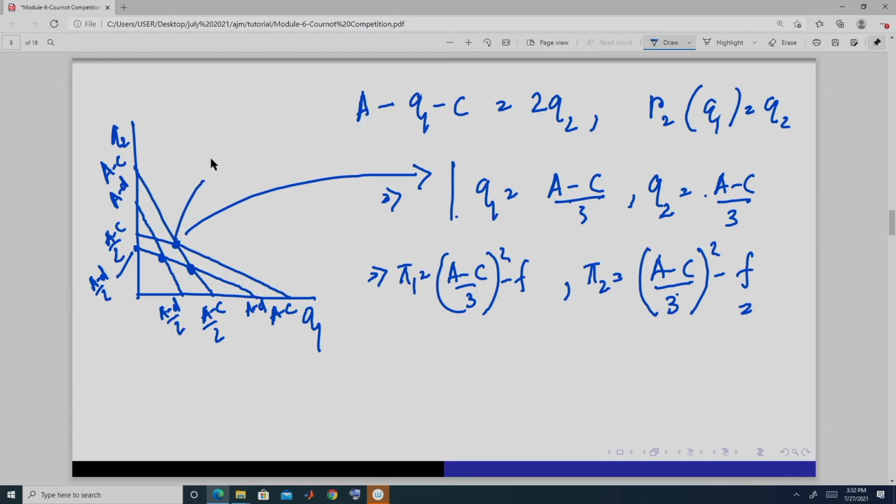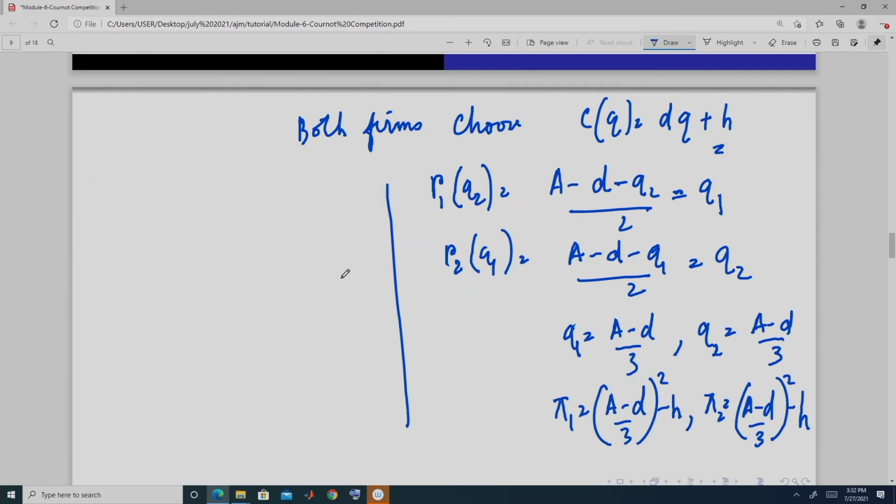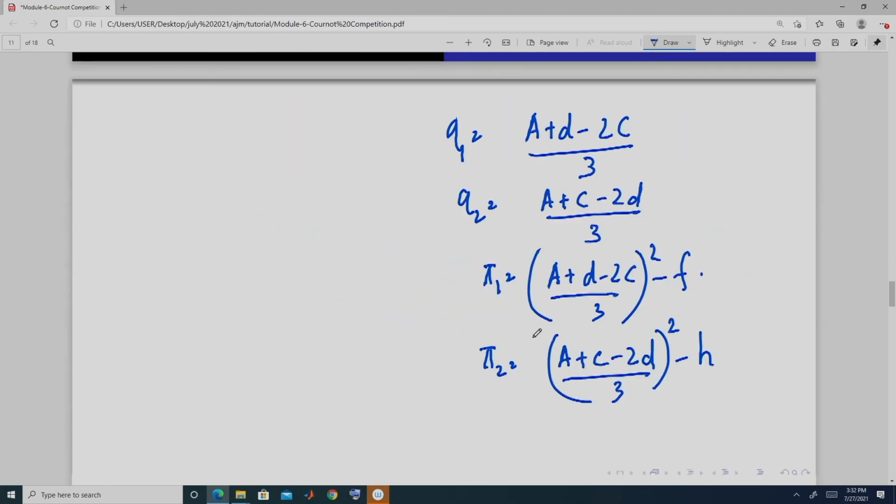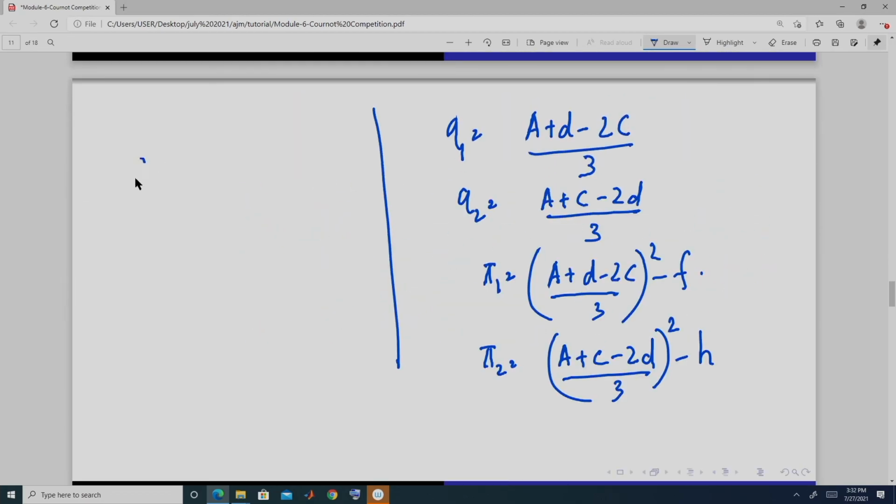So, this is when we are in case 1, this is case 2, this is case 3. And case 4 is, so we will just get the opposite.